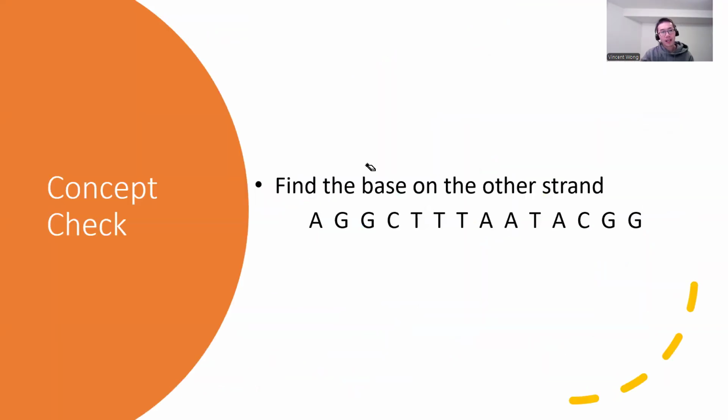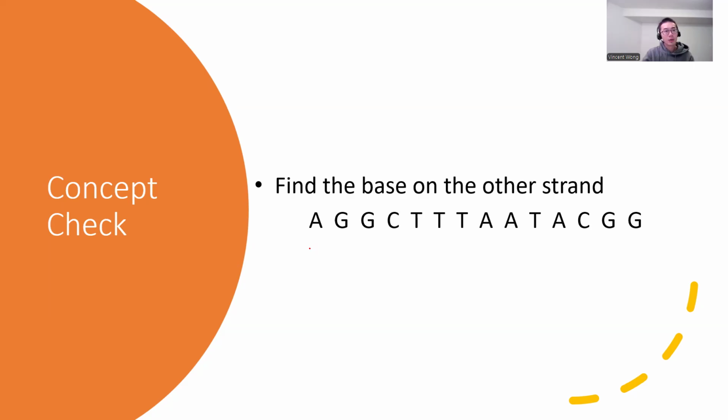If I give you a strand like this, which is one half of the DNA, what will be the missing half? What will be on the other side? Well, that's actually really easy to do. All you have to remember is the base pairing rule. What does A pair with? What did I say a couple slides ago?